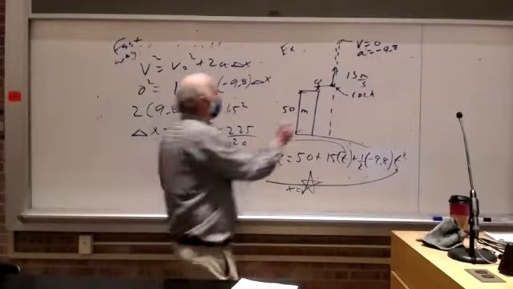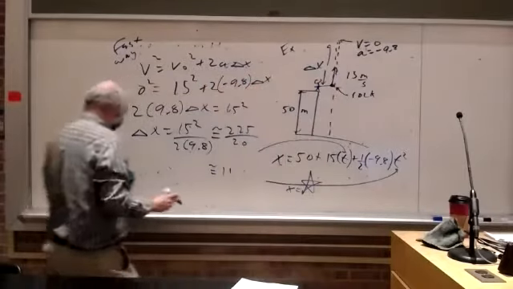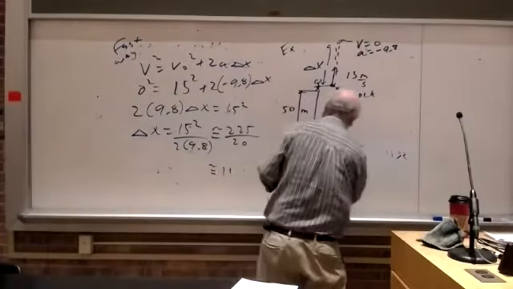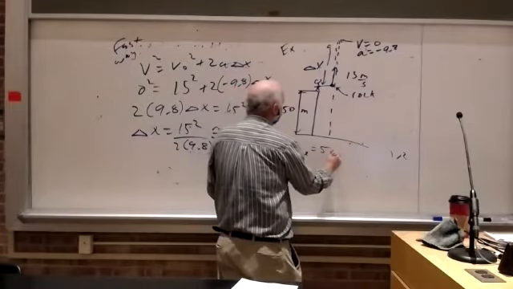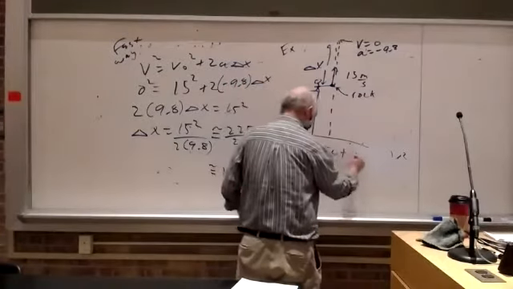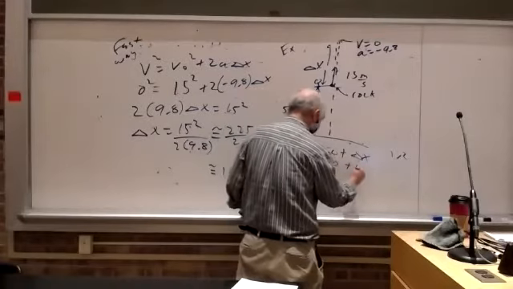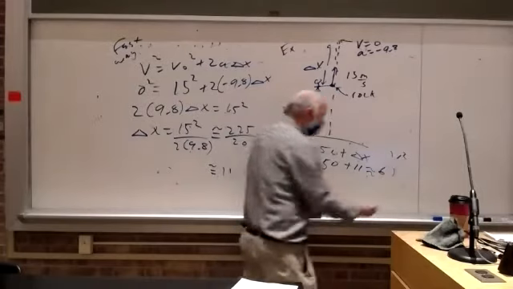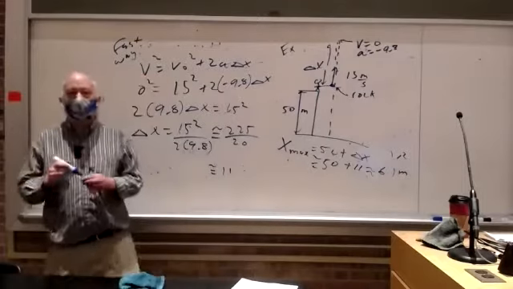The delta X is this guy. So if you wanted the maximum height, it would be this 50 plus my delta X. So it'd be something like 50 plus 11, or something like 61 meters. Does that make sense?